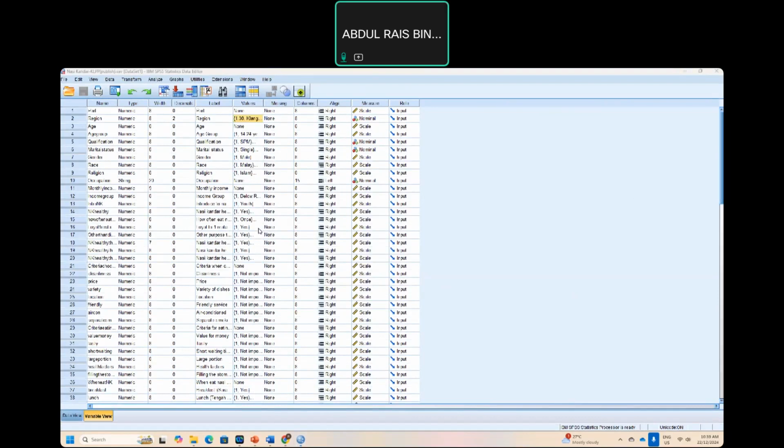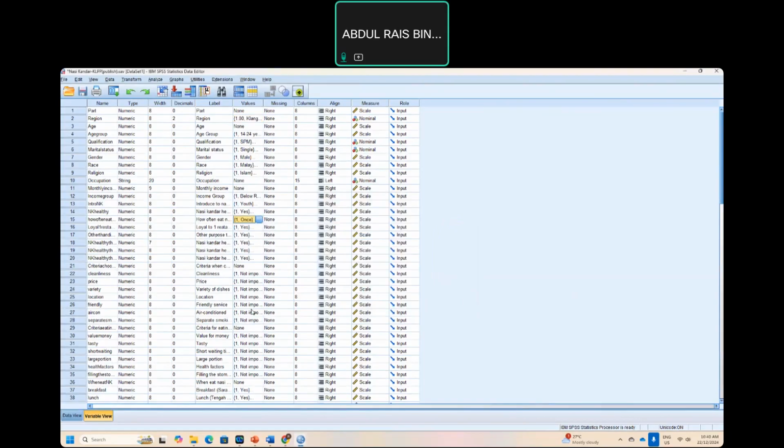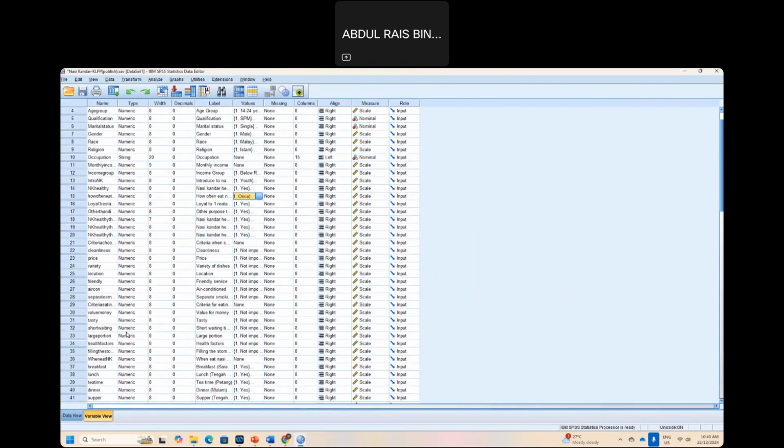Okay. How often do you eat nasi kandar? This is categorical example of how categorical variable or data looks like. Dan apa lagi? Yes, no items.